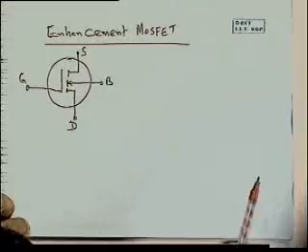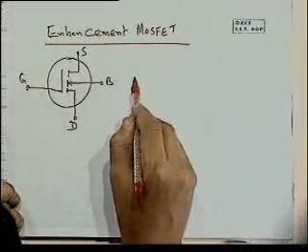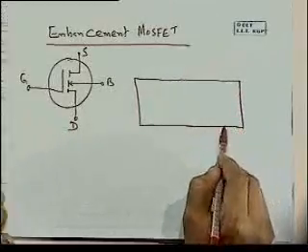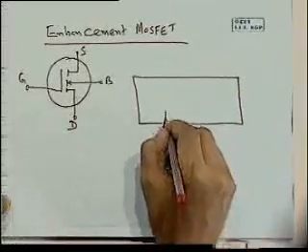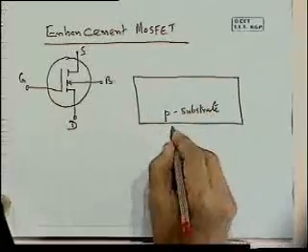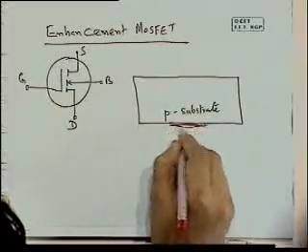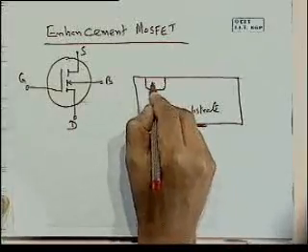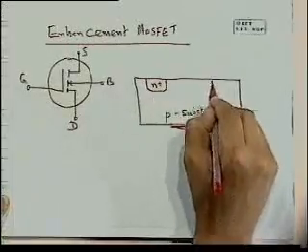In this case there is no channel, so when we look at its implementation in a device, we've got the P substrate, I got the body connection, and I got the source and the drain.